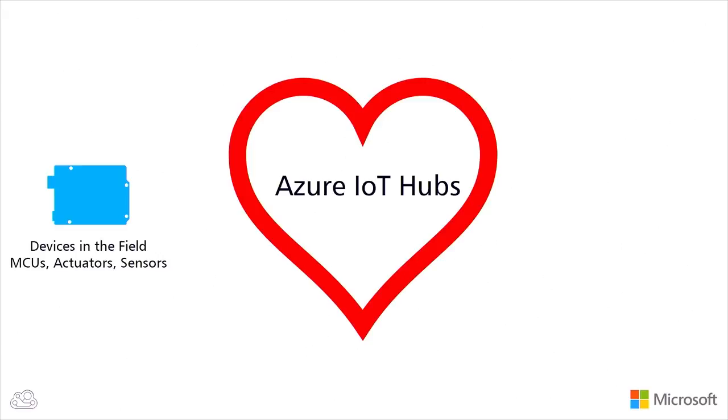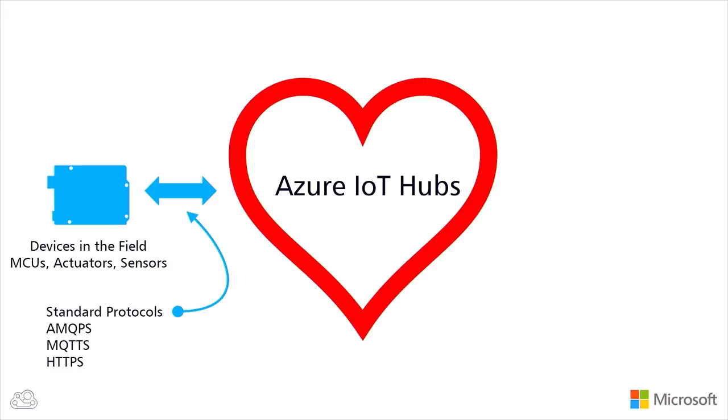So we've got those devices out in the field, and then they're going to communicate with our Azure IoT Hub using a set of standard protocols. That could be AMQPS, which was our initial go-to protocol, MQTTS, and HTTPS. I'm always very particular about putting the S's on the end of those protocols because Azure does not allow insecure communication.